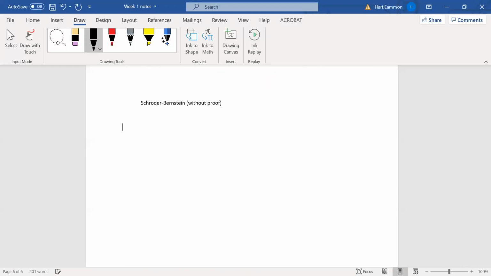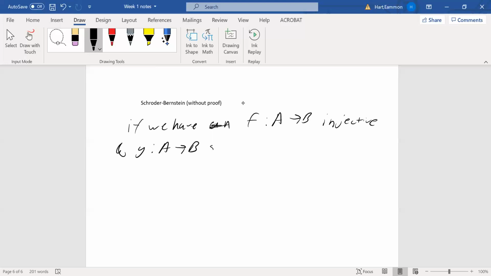Another thing to note is Schroeder-Bernstein. So Schroeder-Bernstein says that if we have f from A to B is injective, and g from A to B is surjective, then there exists a function h from A to B that is bijective.